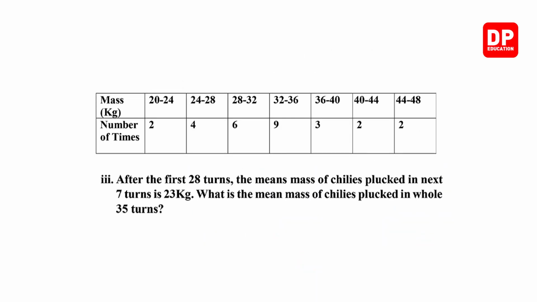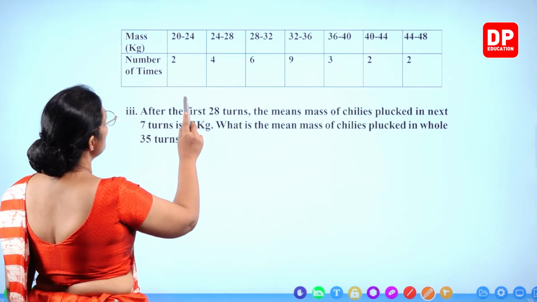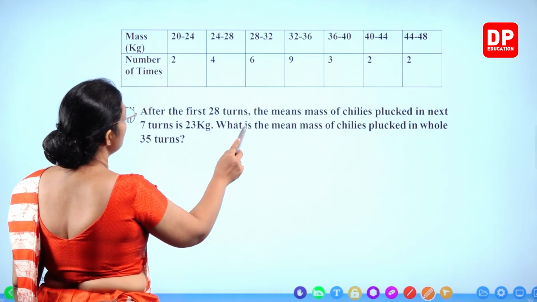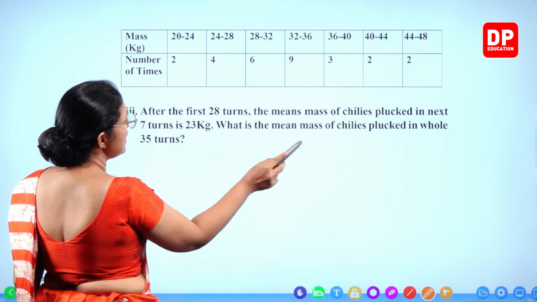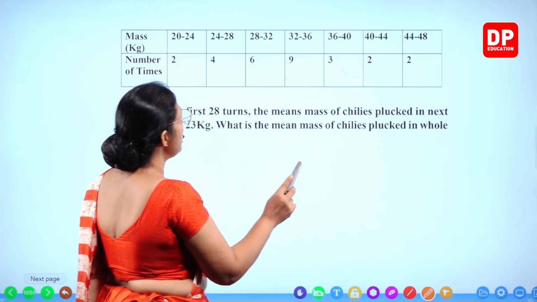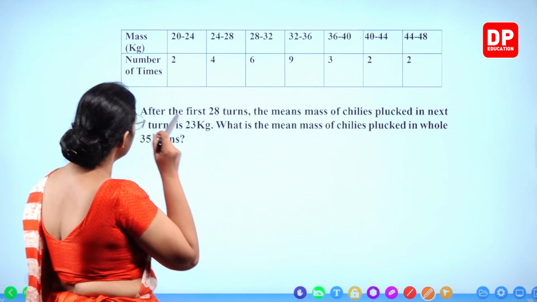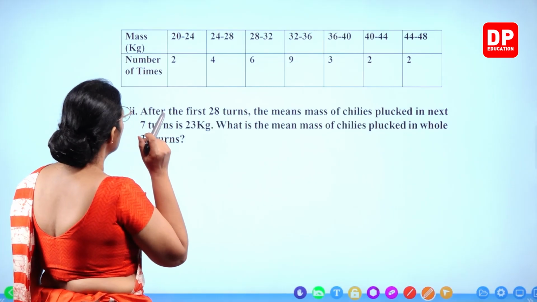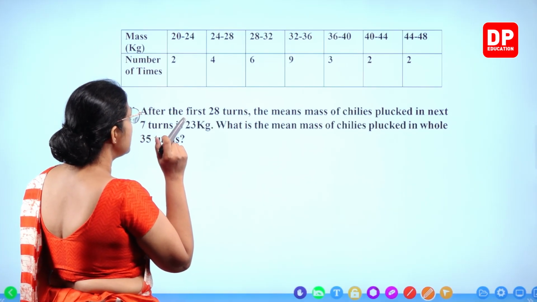Then the third part. After the first 28 turns, the mean mass of chilies plucked in the next 7 turns is 23 kilos.